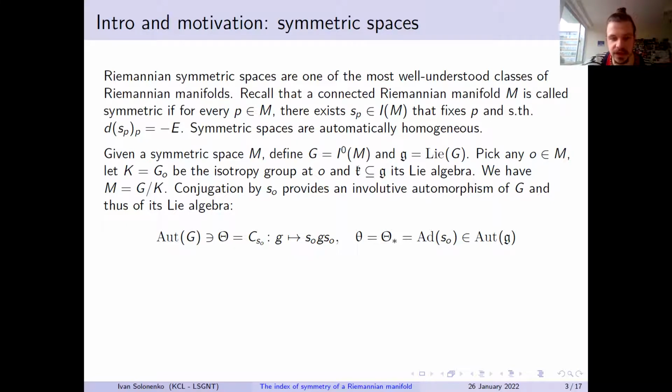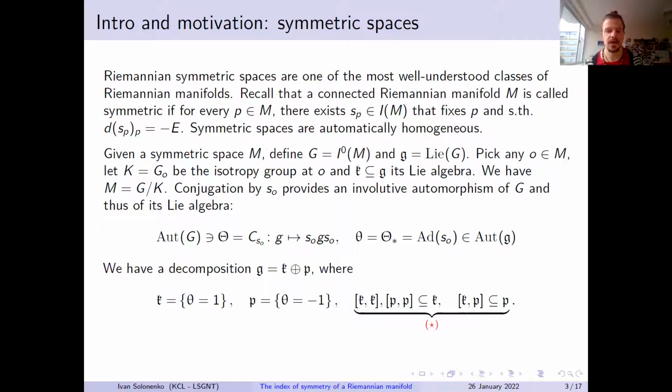In the formula, g goes to S_O g S_O. And on the Lie algebra Gothic G, there is the induced, also involutive automorphism. We call it a small theta, which is just the adjoint of S_O.